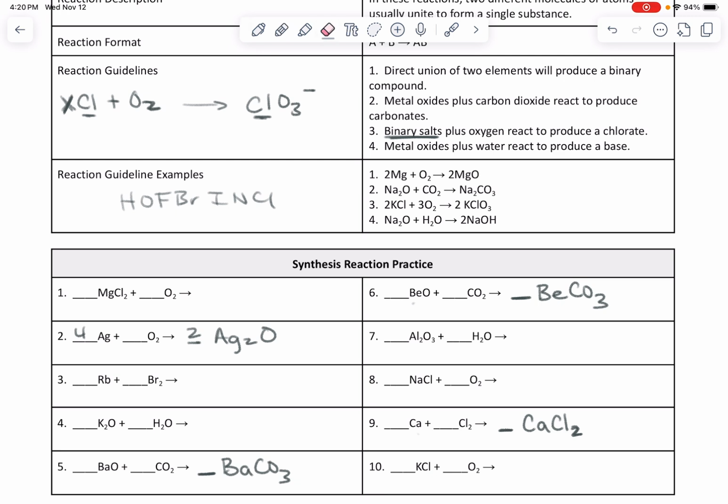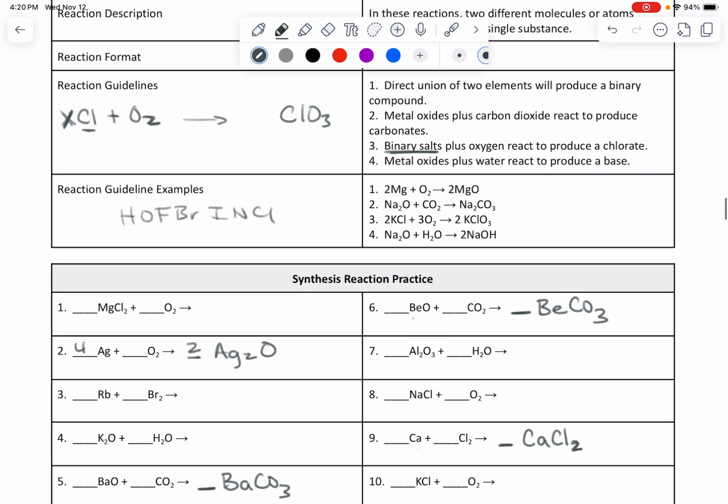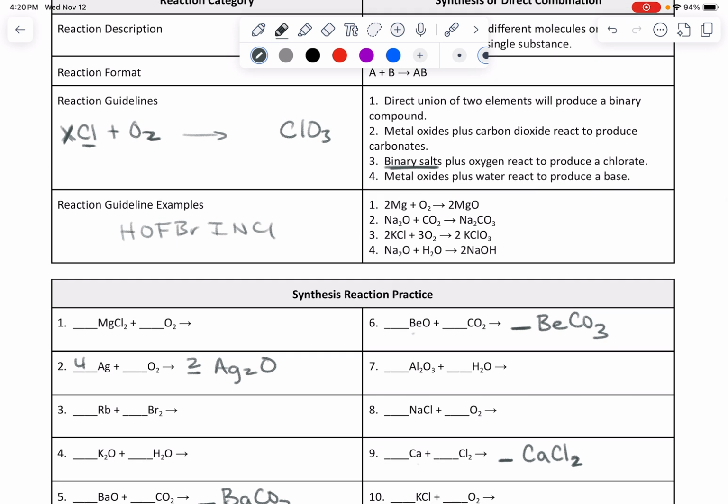Now, let me write my chlorate again. Just like with the rule we just learned where we produced a carbonate, right? And the cation to our carbonate was the metal, the same thing applies here. Whatever our chlorine is bonded to becomes the cation to our chlorate.